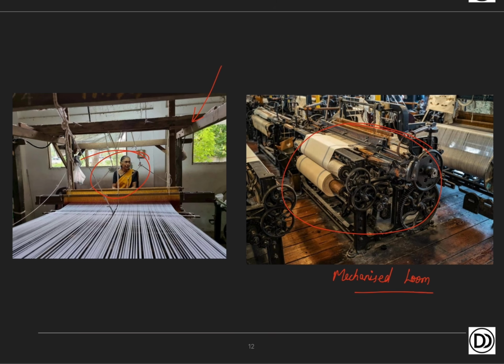The mechanized loom. No person is needed. You can see side by side so many looms operating. Only the threads are served to the machine, and the cloth comes out. Because of this mechanization, English textile manufacturers were able to make more textile because they are not hiring humans.